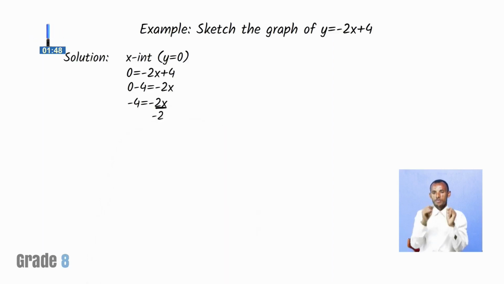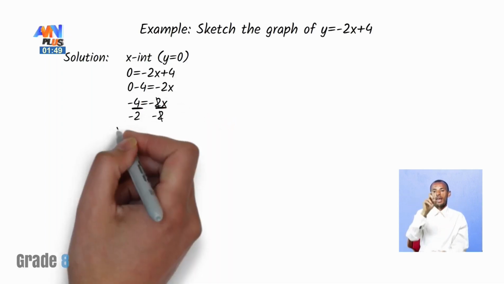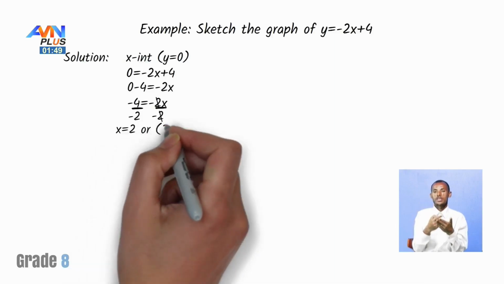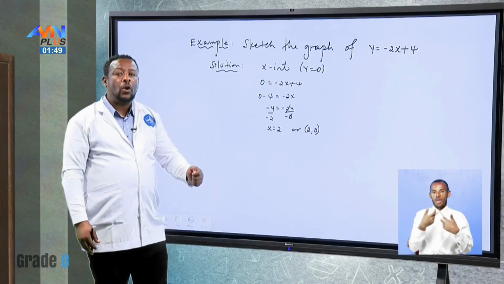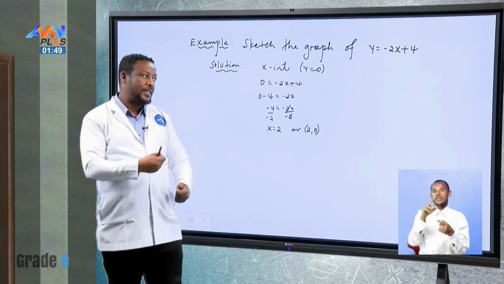Okay, so the x value becomes minus 4 over minus 2, which is positive 2. Okay, so this is the x-intercept. Or you can put this in the form of ordered pair (2, 0). Okay, we have one point in which the graph crosses the x-axis.